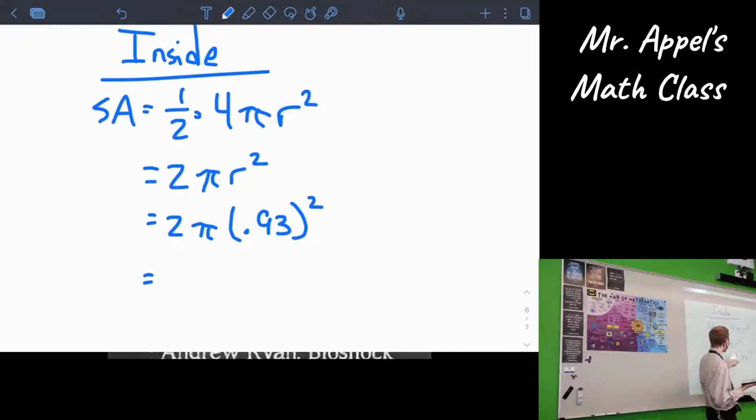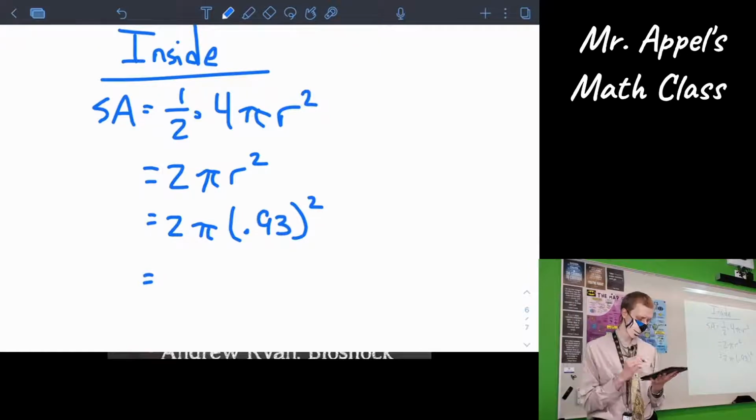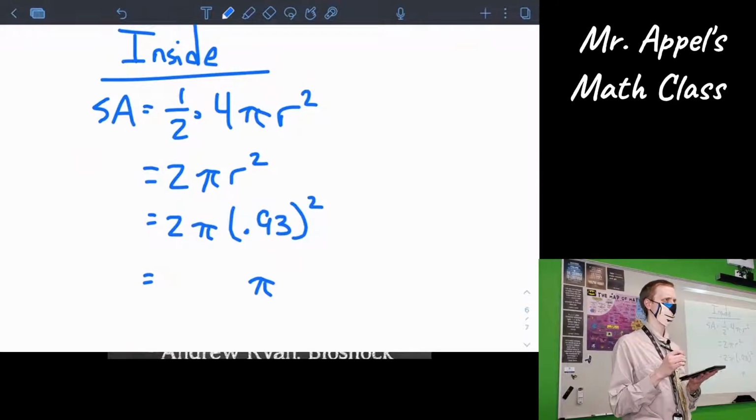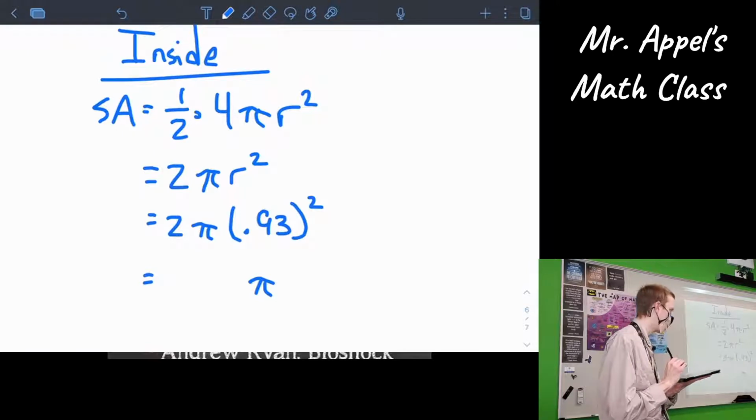I want you to leave the pi. So in terms of pi, multiply everything else. So 2 times 0.93 squared gives us something times pi. Let's go 3 decimal places. What do we get?